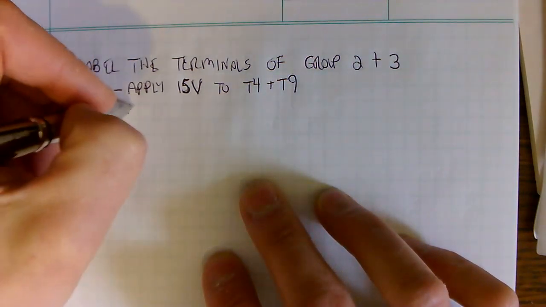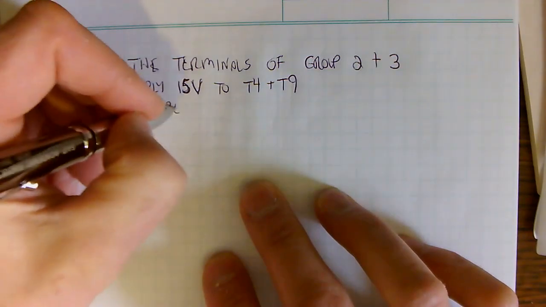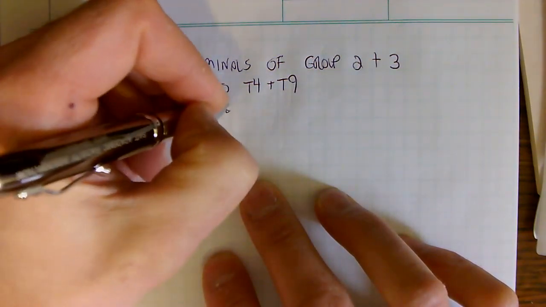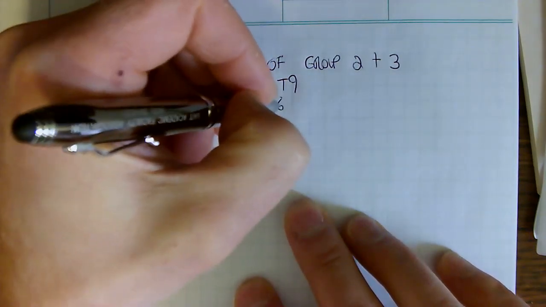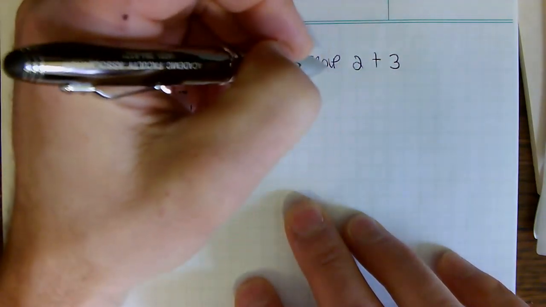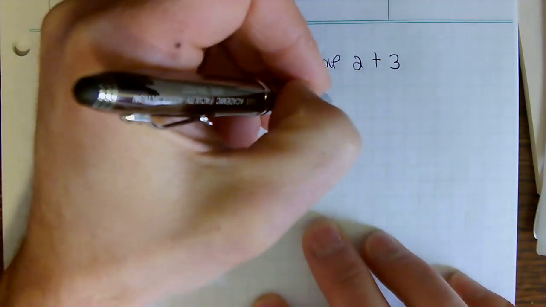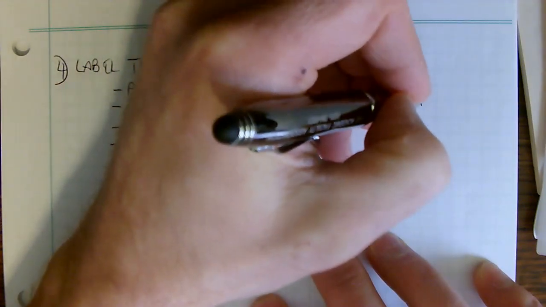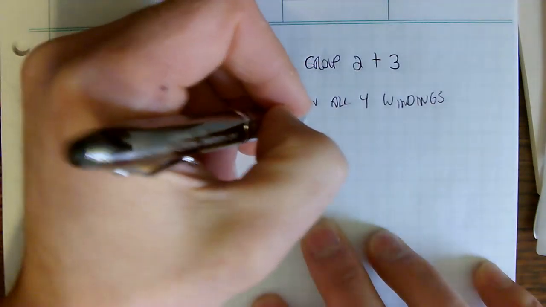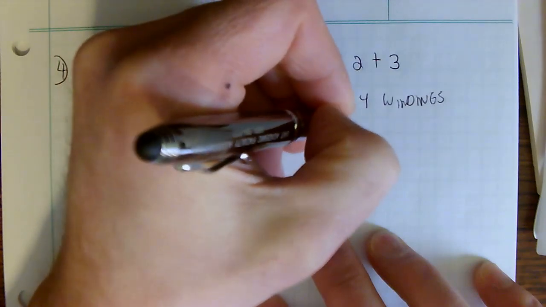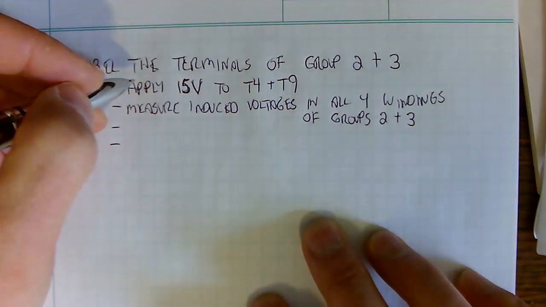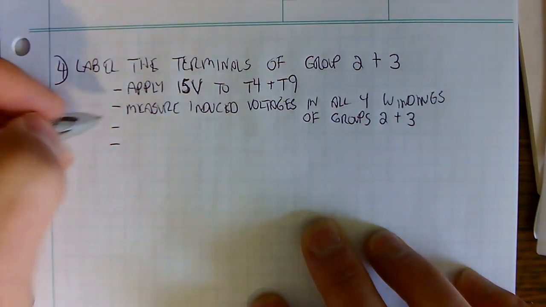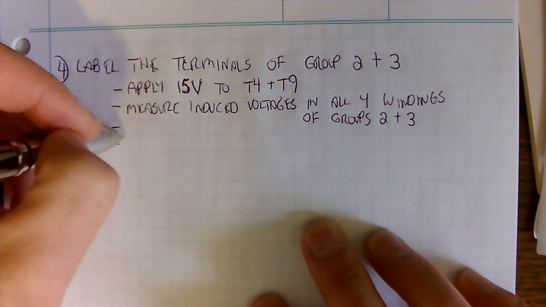And then we're going to measure induced voltages in all 4 windings of groups 2 and 3. And I'm just going to bring this down here.